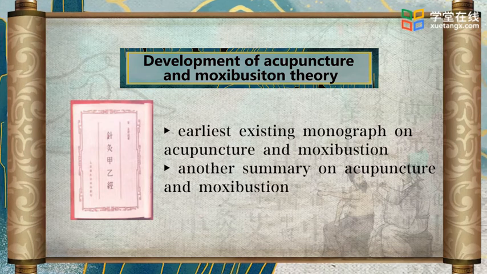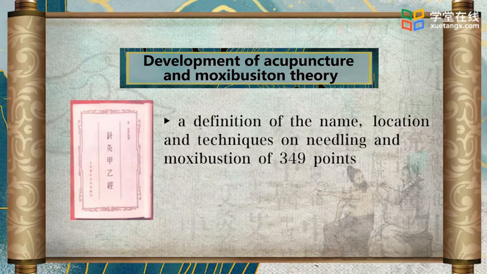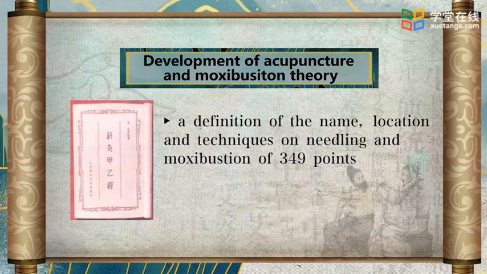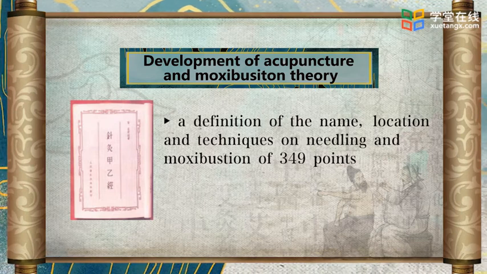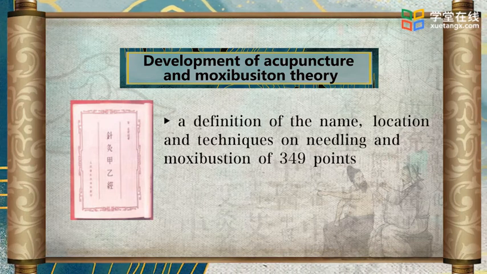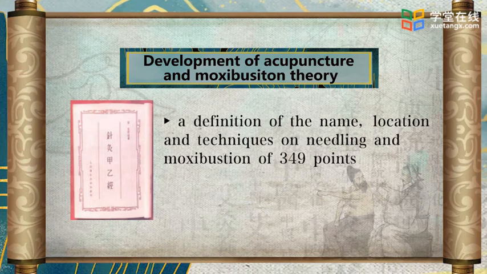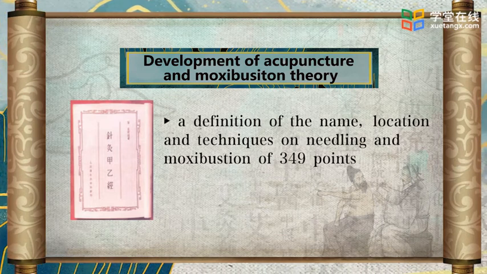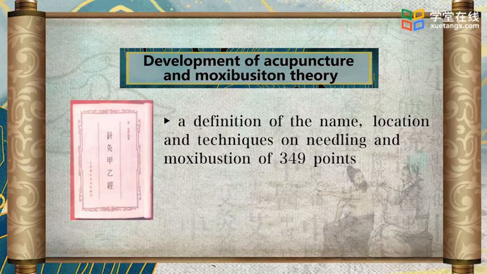After Huangdi's Internal Classic, it gave a definition of the limb, location, techniques on needling and moxibustion of 349 points. In addition, it categorized and compared acupuncture and moxibustion for the treatment of disease of various specialties.